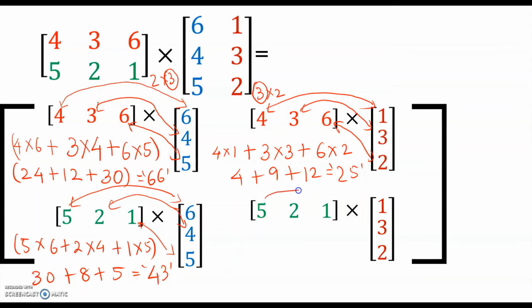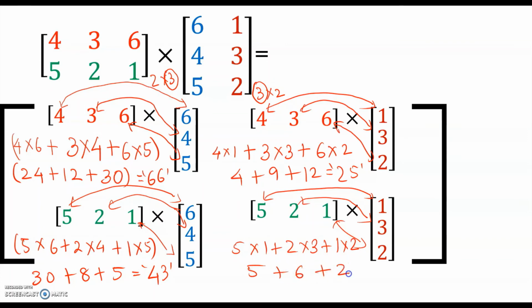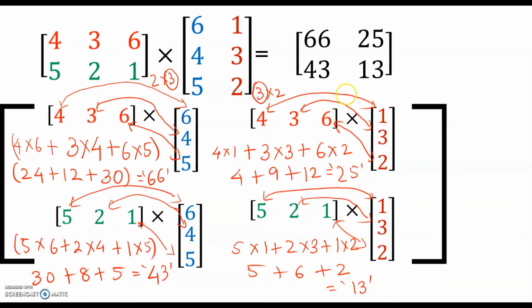So repeat the same process here. 5 times 1 plus 2 times 3 plus 1 times 2. That's 5 plus 6 plus 2. So that's equal to 13. So let's put these answers up here. So that's our solution matrix.